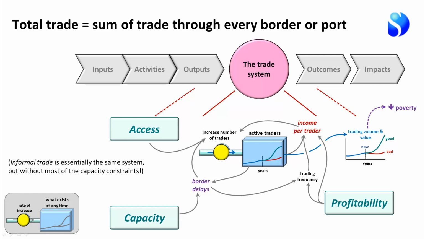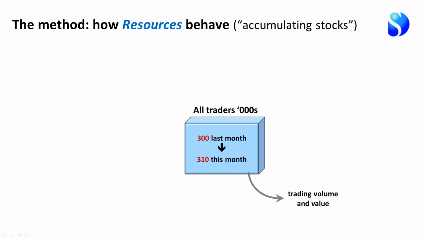So what I'm going to do now is just explain exactly how we use that little structure in the middle and the relationships between these items to figure out what's going on over time. And this stock thing is known as a resource. It's a quantity of what's known as an accumulating stock.